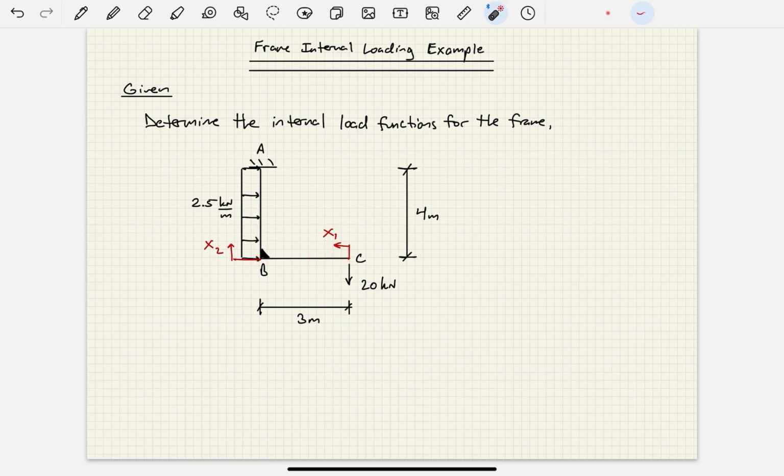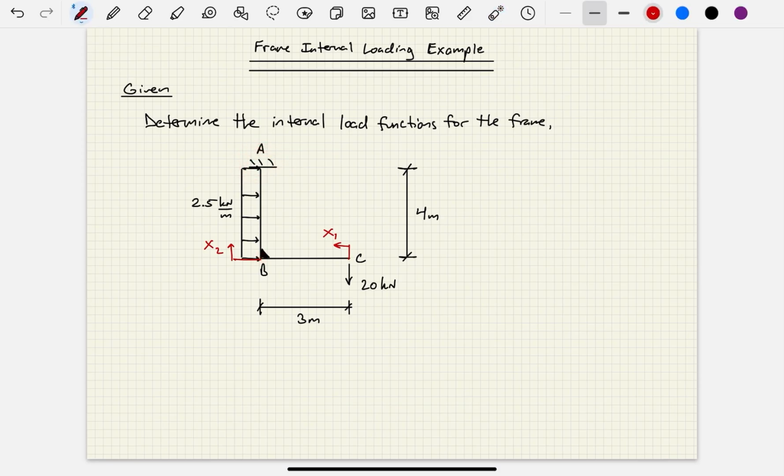Now, why am I choosing to define x1 and x2 in these particular manners? Well, if I do it this way, I can avoid solving for externals. Could I solve for these externals? Sure, I could, but I can completely bypass and avoid solving for these externals if I define my origins and my location variables somewhere below this fixed connection like I did here.